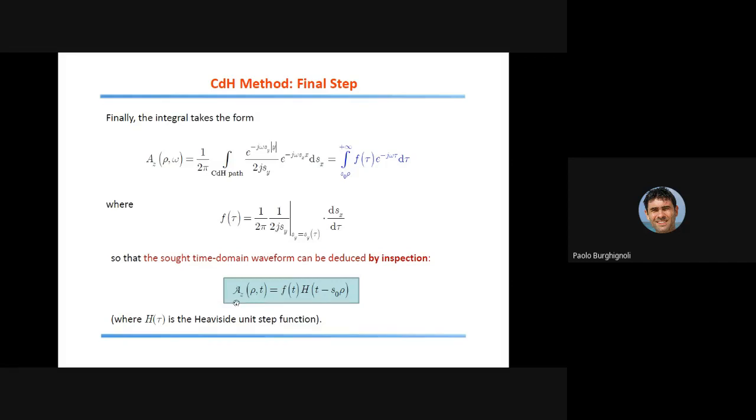So our potential will be 0 before the wavefront arrival time, and this is what the Heaviside unit step function tells us. And after that time, it will be equal to the function f of t, which is obtained analytically, so in a closed form, as you can see from its expression here at the center.